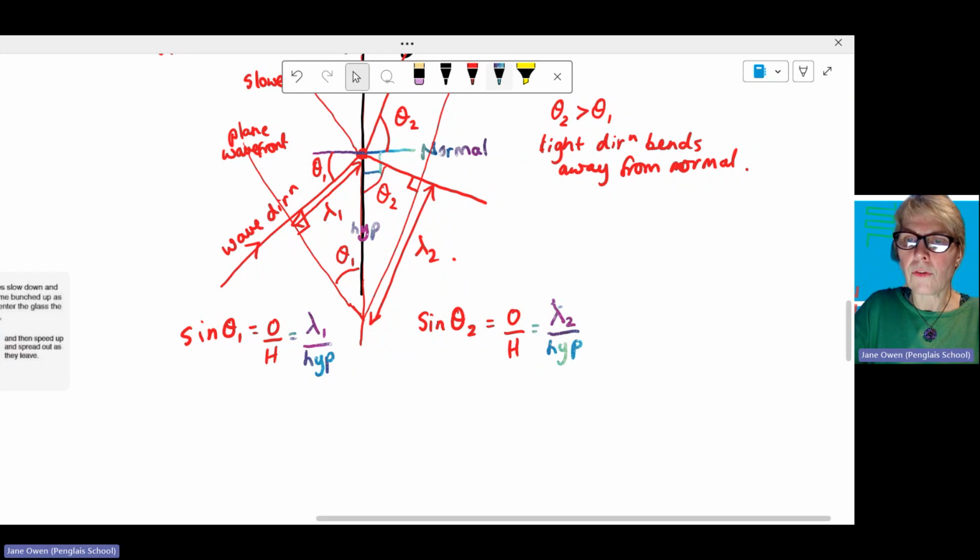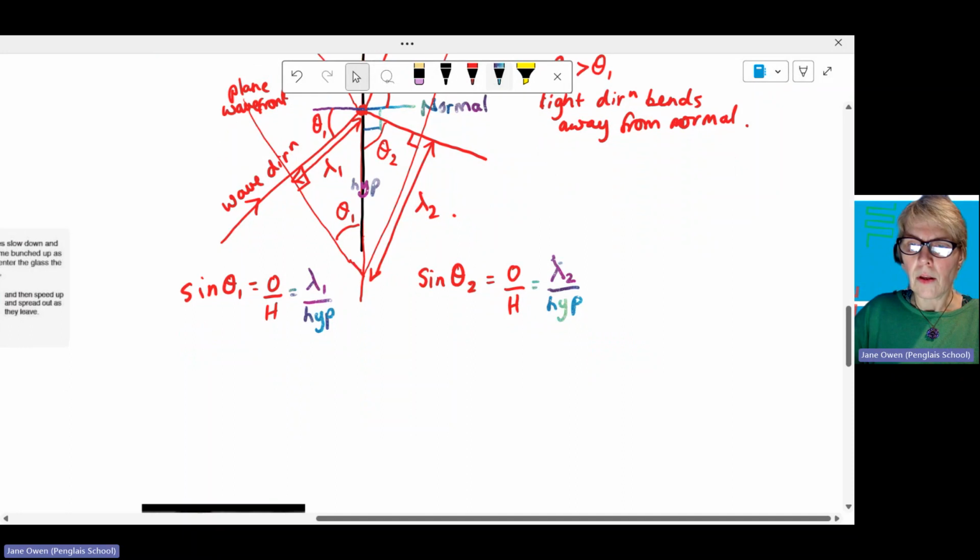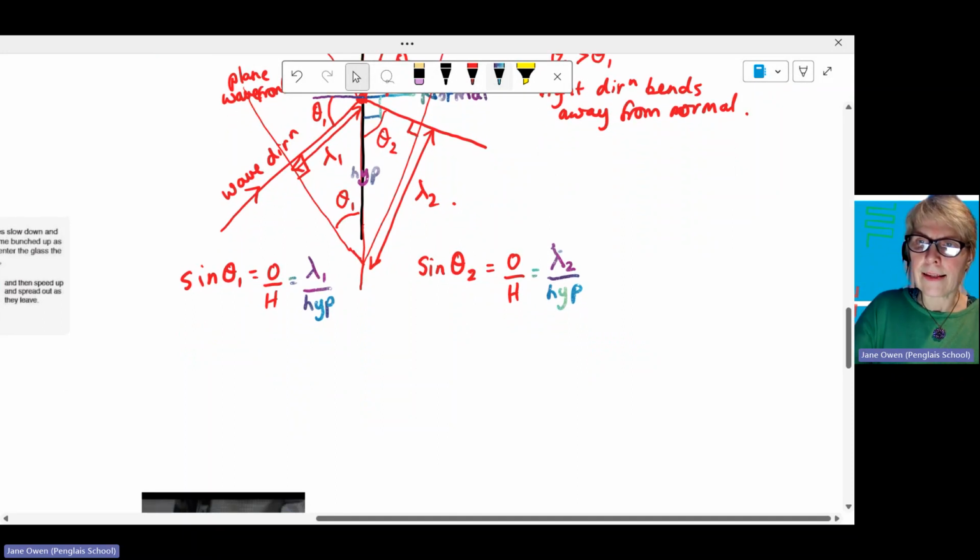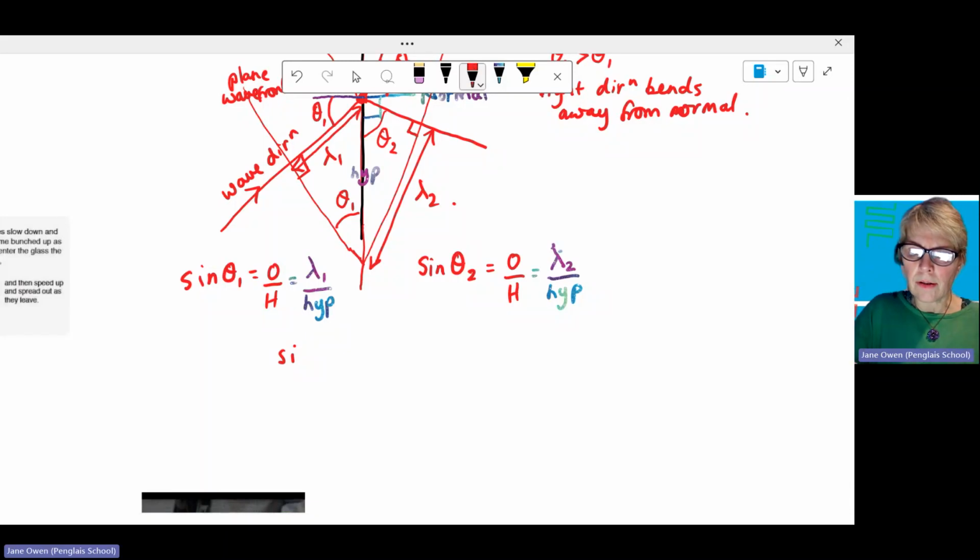The hypotenuse is shared with both of the right angle triangles. So putting that together, we can do it a bit better than this. Let's rearrange it to get the hypotenuse on its own.